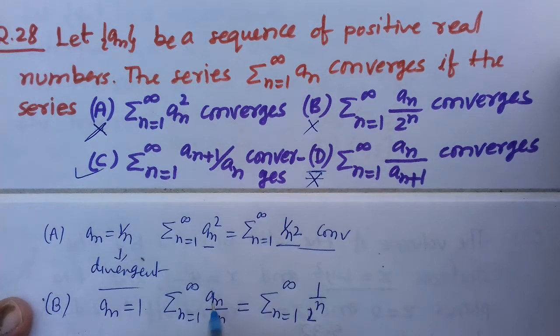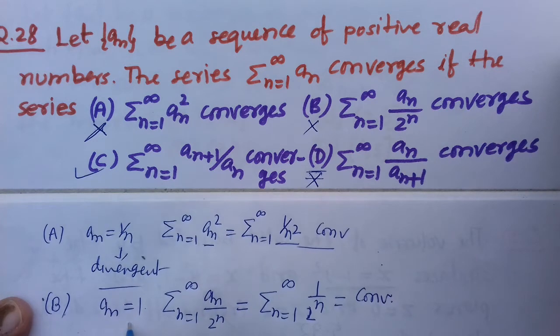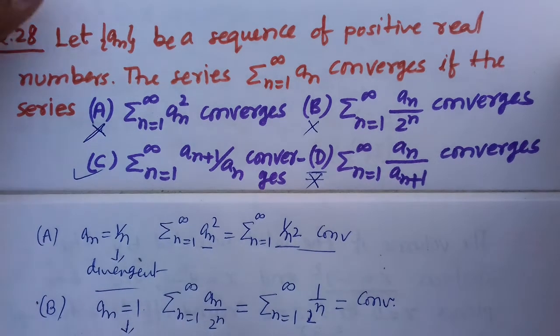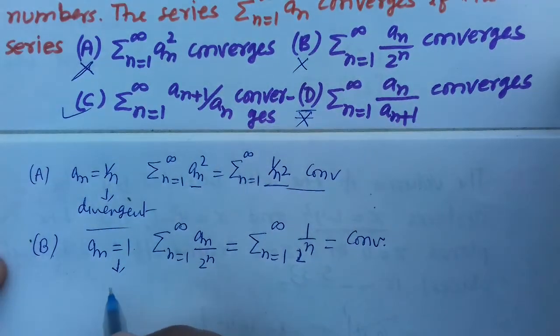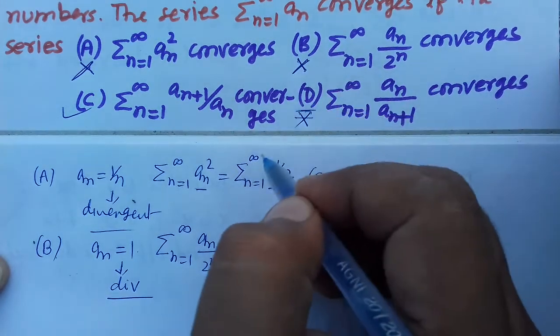Putting 1 for a_n, you see that this is a geometric series, so convergent. But you know that the series formed by this sequence is divergent. So B is also wrong.